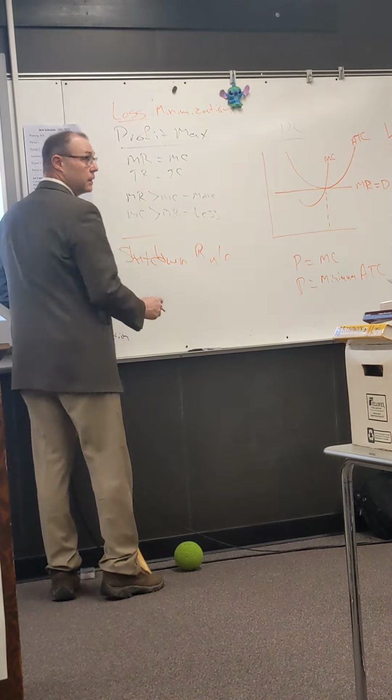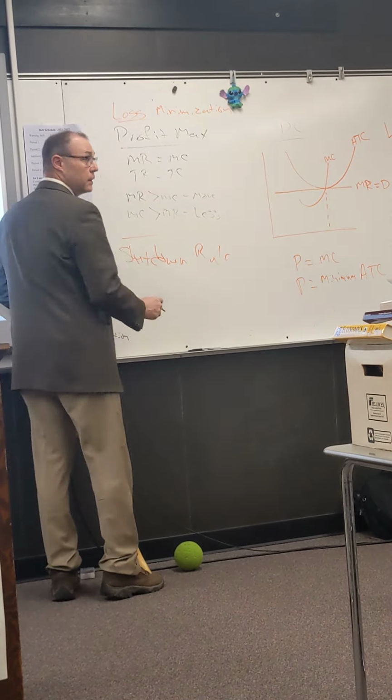Remember, you're getting a crash course here. I think it's also very, very important. I've seen questions like this. Remember, what is the distance between AVC and ATC? What is that again? I'm patient here. Fixed cost, yeah. Very good.